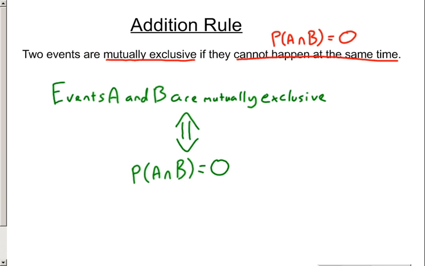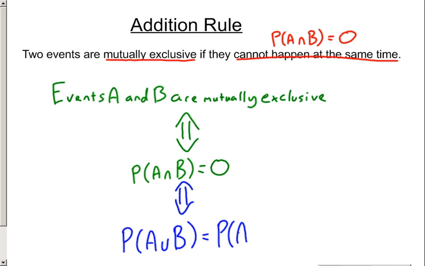But that means we can also substitute the probability of A intersection B equals 0 into our previous addition formula. And that means that we also have the probability of A union B is equal to the probability of A plus the probability of B minus the probability of intersection, but in this case it's 0, so we don't have it.